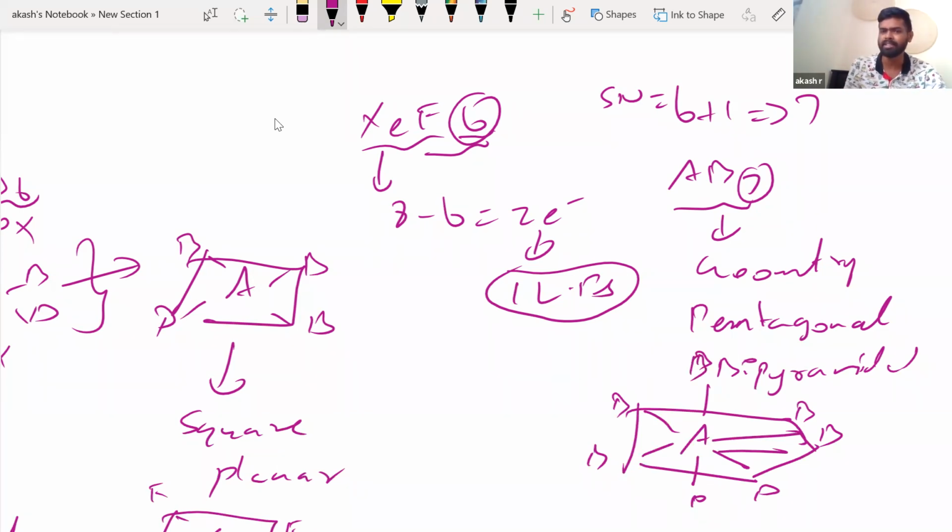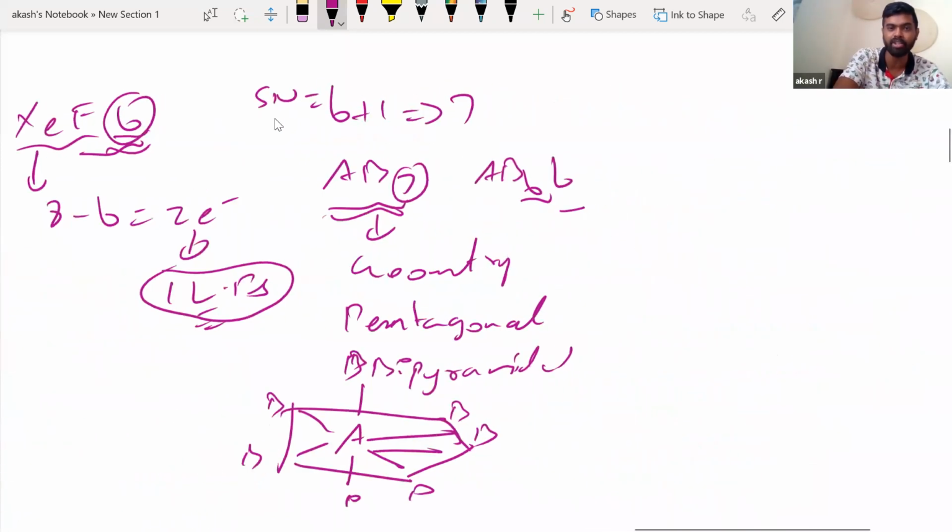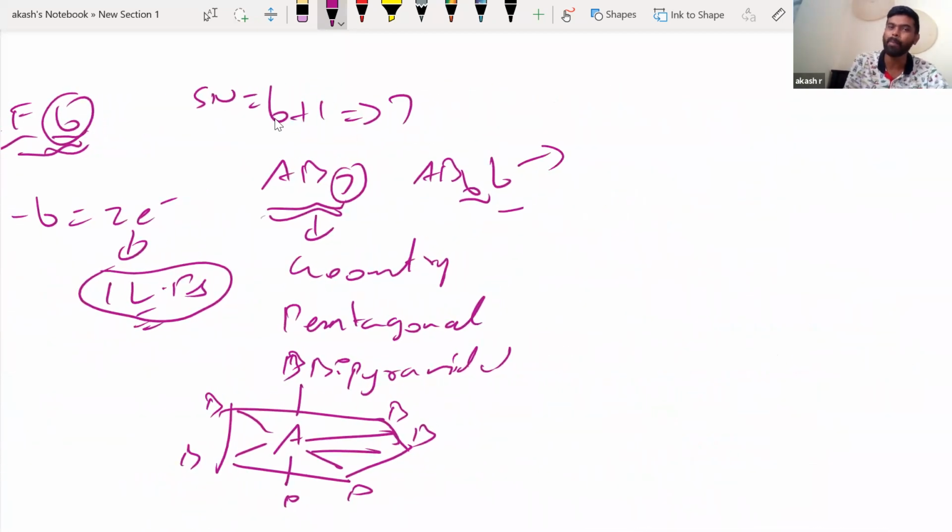Now what happens is I don't have AB7, but I have AB6L. That means 6 bonding atoms in the form of fluorine and 1 lone pair we calculated. So now this structure will change to a complicated structure. When you have AB6L, this is going to be called distorted octahedral shape.